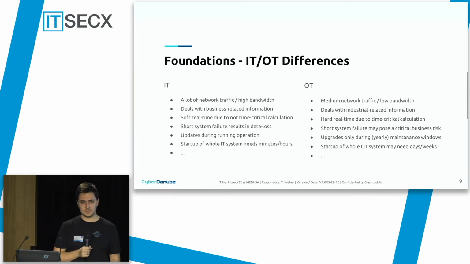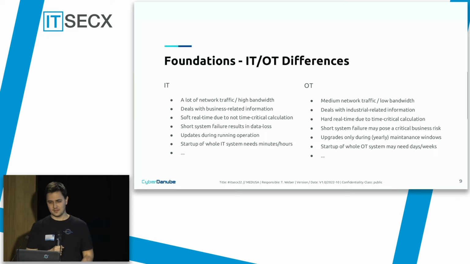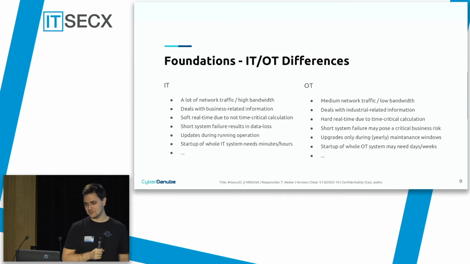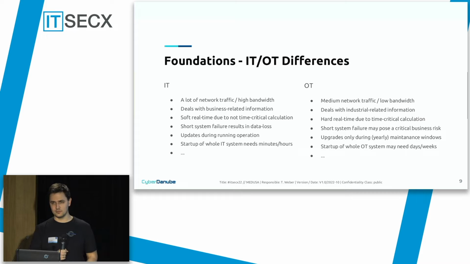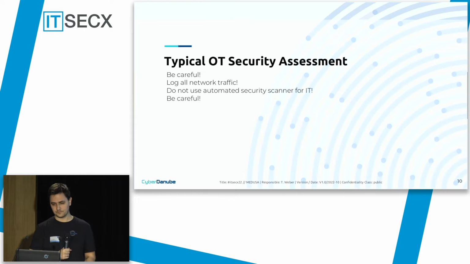If you don't get the measurement value from a sensor in real time, it's useless if you get it 5 minutes later, because then it might be completely different now, whether it's a temperature value or some other measurement value. And updates are sometimes running daily in IT networks, whereas in OT networks you have upgrades only on a yearly maintenance basis.